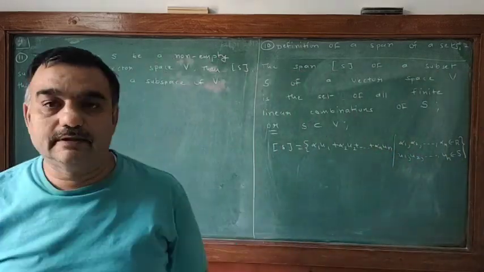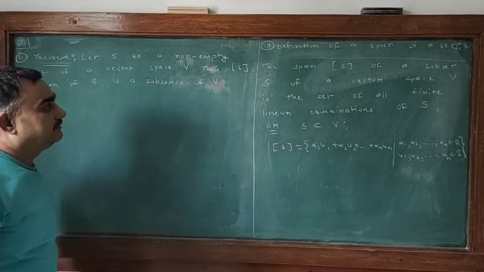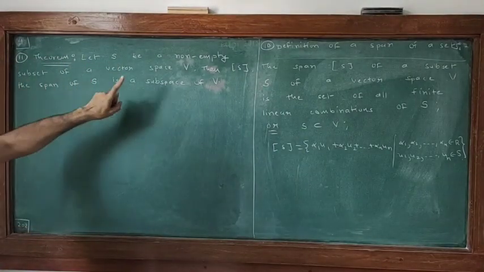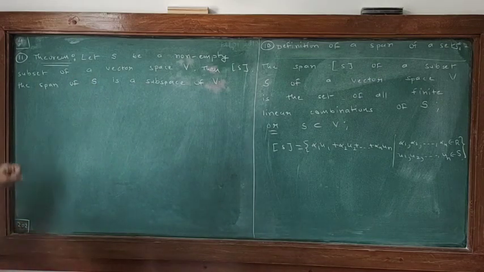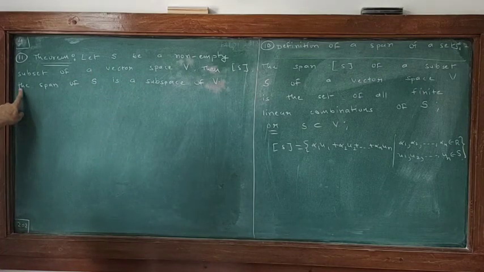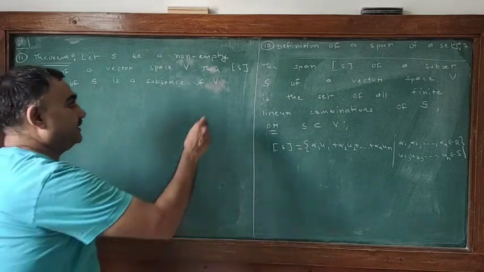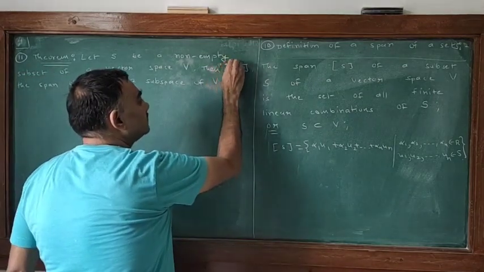So students, there is one more theorem. Let S be a non-empty subset of a vector space V. Then span S is a subspace of V. We want to prove that.